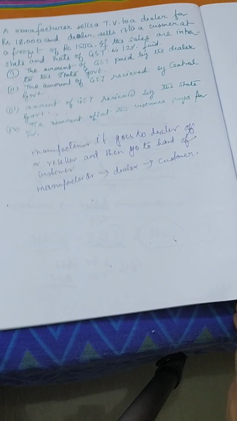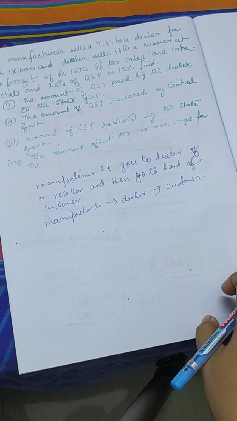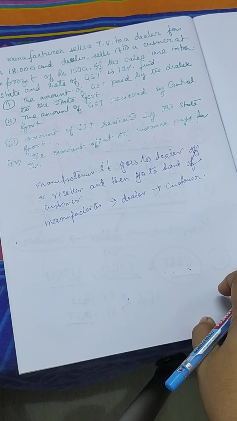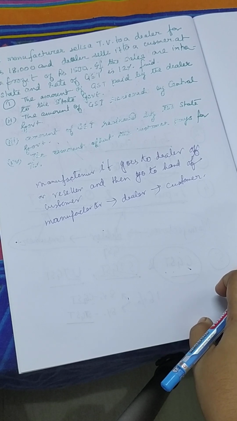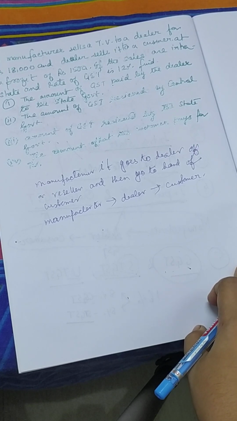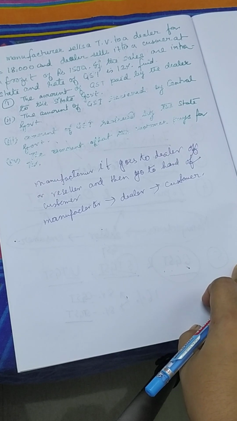Okay, so in that case the TV has been sold this way, and the manufacturer gave the price of rupees 18,000 to the dealer. And again that dealer sells it to the customer at a profit of 1,500. And a very important thing is there, it is an intrastate selling. That means within a single state this business is running, and here the rate of GST is 12%.